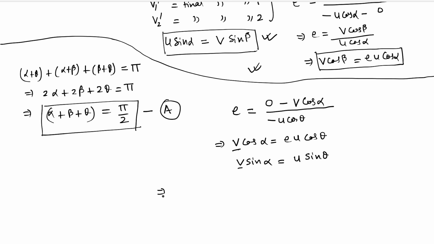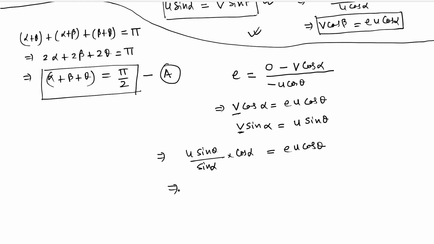So that would mean u sin theta by sin alpha into cos alpha, I am just taking v from here and putting it here, is equal to E u cos theta. Therefore we get cot alpha is equal to E cot theta.